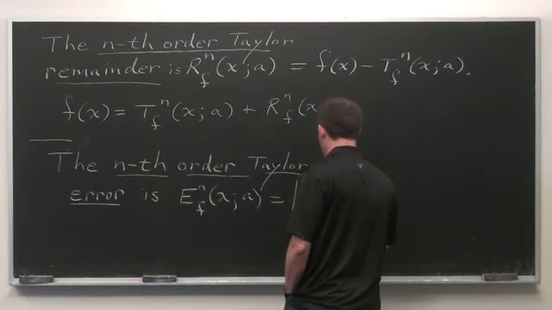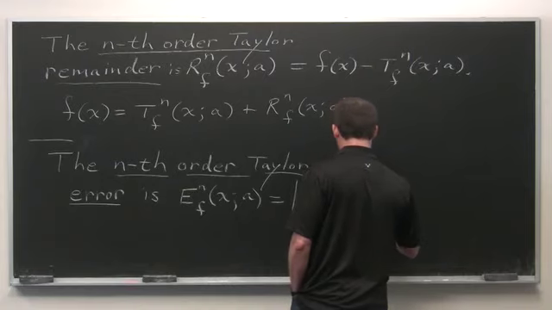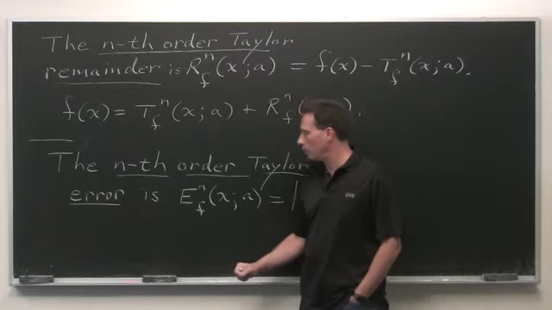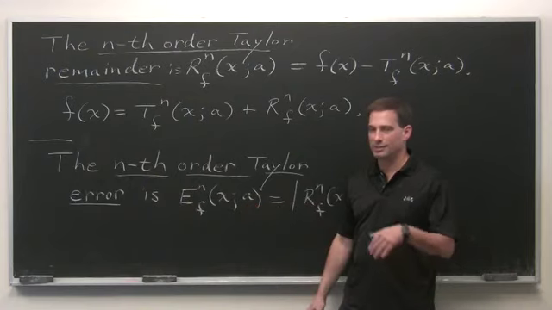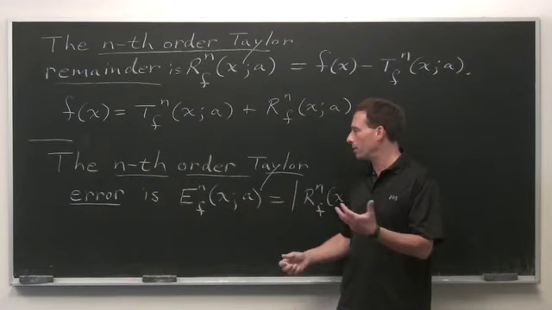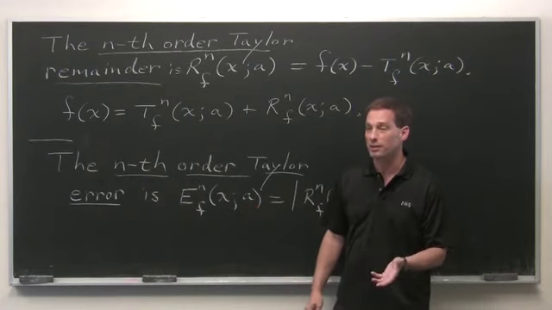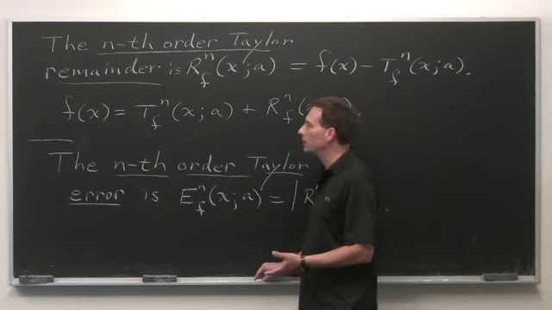This is what we usually care about, and we'll put an upper bound on. We won't be able to say the error is exactly something, but we'll be able to say the error is less than or equal to something, and that's typically what you want to know.